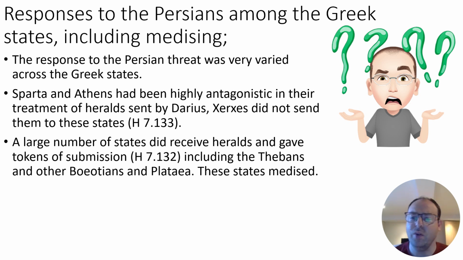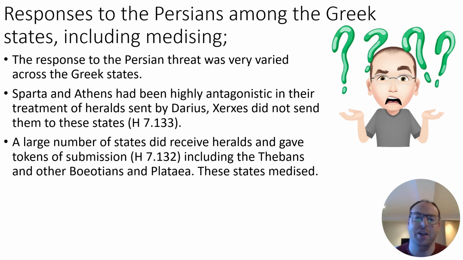So let's have a look at some of the responses to the Persians among the Greek states. Part of this is medising. Medising is when they essentially accepted Persian rule, and there was the symbolic giving of earth and water to symbolise the idea that they accepted a Persian hegemony.